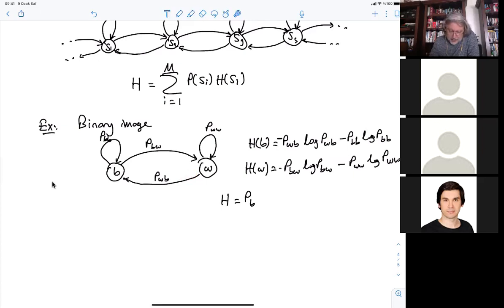We have probability from black to white, from white to black, white to white, black to black. But we don't have probability of black, and we don't have probability of white either. They need to be calculated, and we have to see that. And I'm pretty much sure that these Markov chain steady-state probabilities and so on, you may already know about these things.